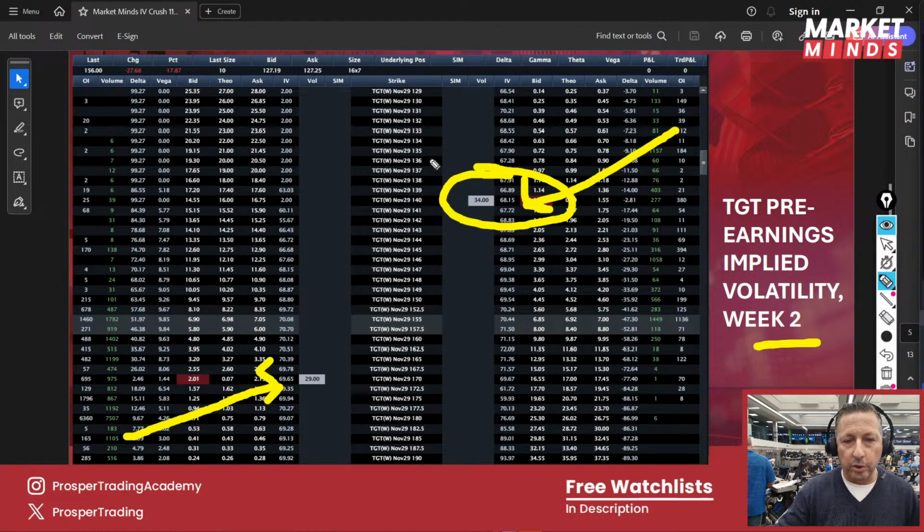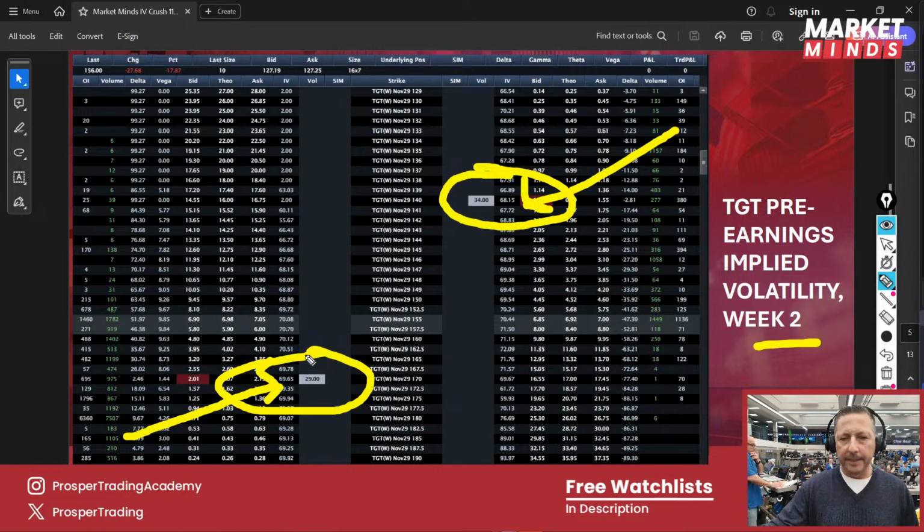It was like 130 implied vol for this week. It was 68 for next week on the put side. Pretty similar on the call side. So the added implied volatility is always going to be in the options closest to when the news event is coming out. For earnings, this week's options.